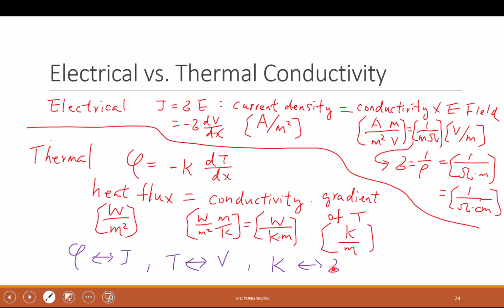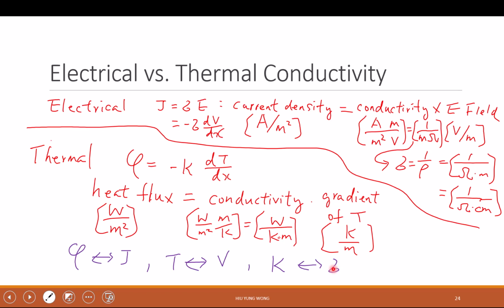For example, they say the top of the chip is 400 Kelvin and the bottom is 300 Kelvin, and it dissipates very slowly because it has very large thermal conductivity. If you don't understand, just think of it as the top of the chip being 400 volts, the bottom 300 volts, but the current cannot go through quickly because I have very large electrical resistivity.